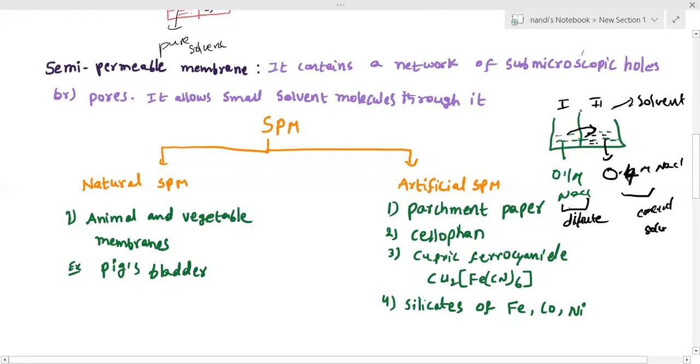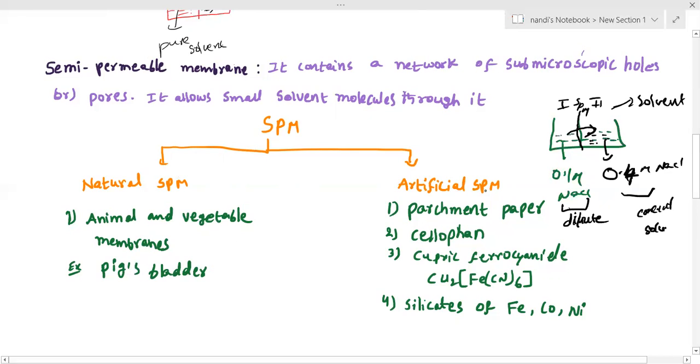Only solvent. This is the semi-permeable membrane. The role of the semi-permeable membrane is that it allows only solvent molecules, SPM. So what we have given are two types: natural semi-permeable membranes and artificial semi-permeable membranes. The examples I've given here: animal and vegetable membranes, generally plasma, and pig's bladder.